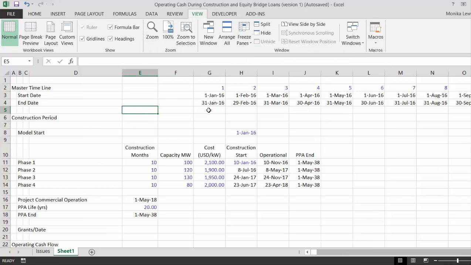Let's put the project commercial operation date. So why does this say construction?